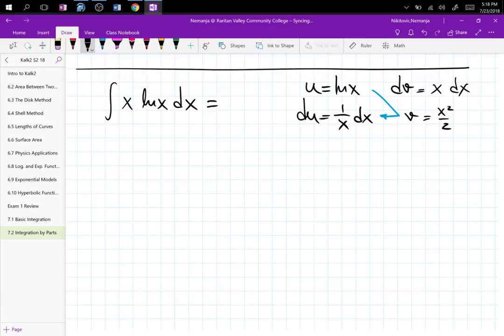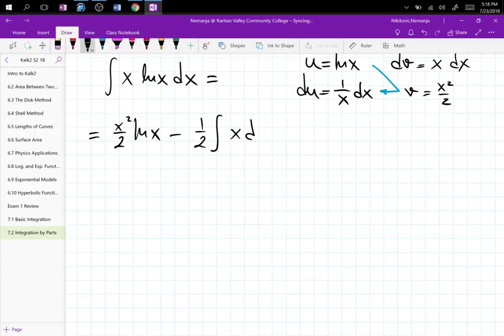Okay, so this will be x squared over 2 ln x minus 1/2 integral of x dx, right? So one of the x's will cancel.